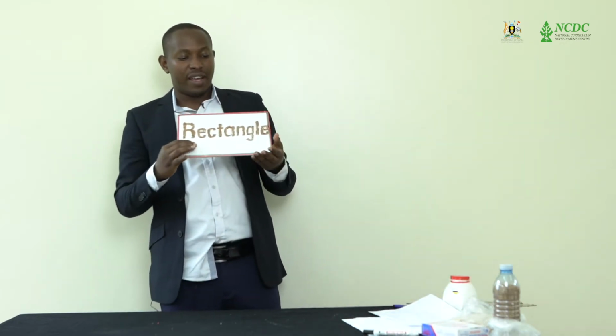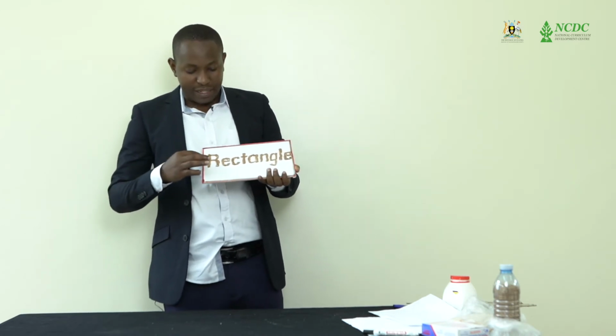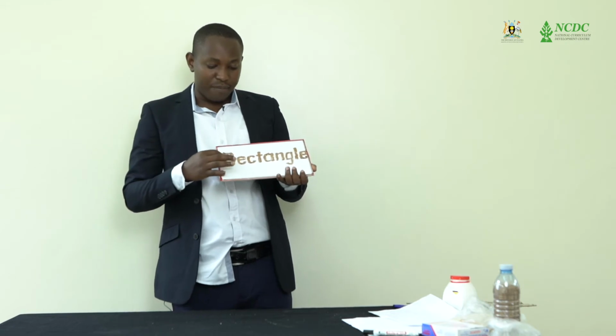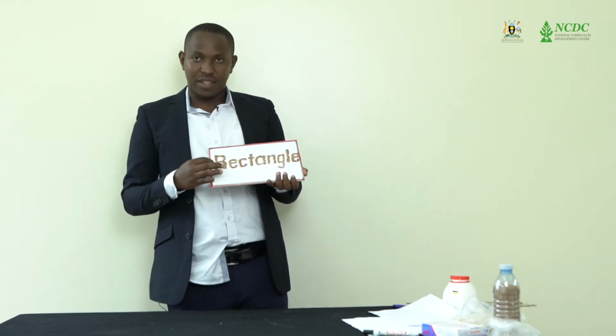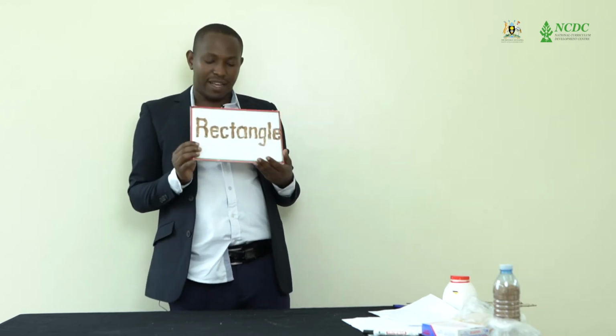Texture. We can use any object to create texture, and this texture will stimulate the sense of touch. For example, I have here a rectangle. On this rectangle, I created a texture on a paper using sawdust. It is very attractive, whereby the child can even touch and feel every letter.